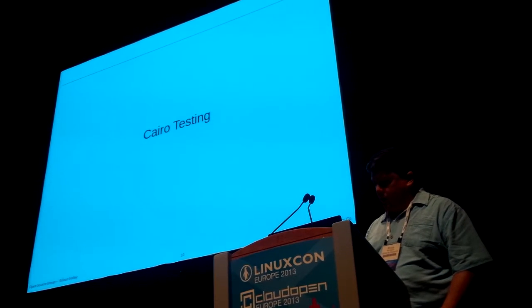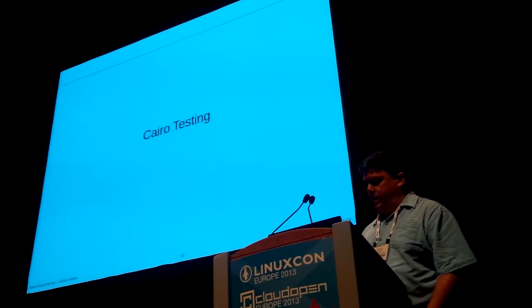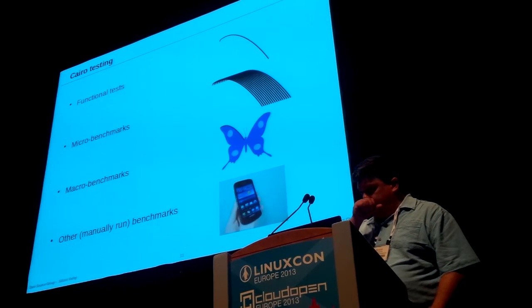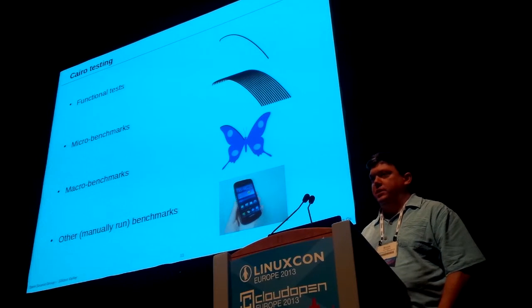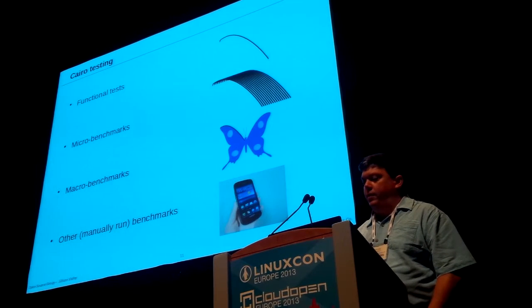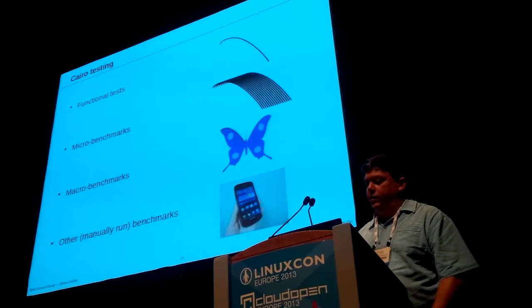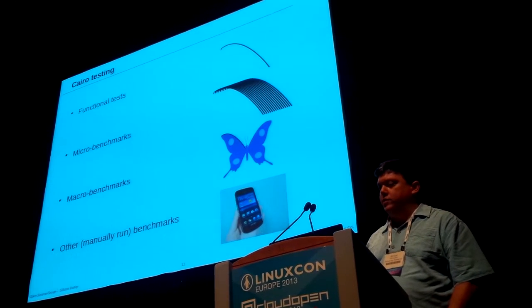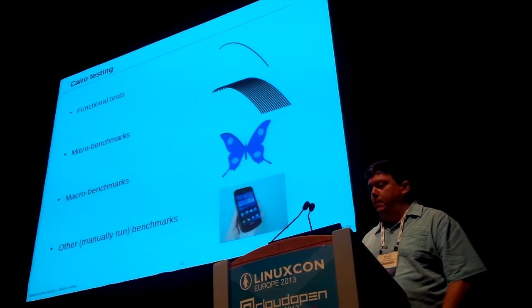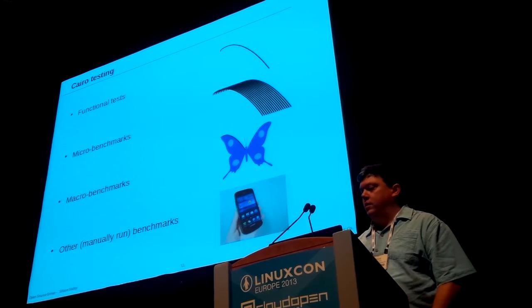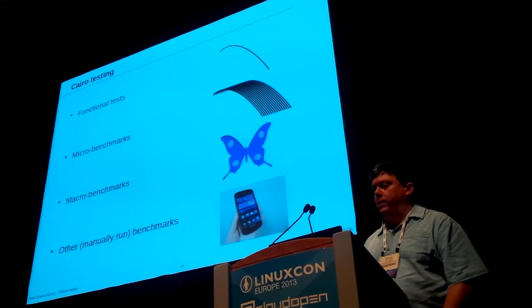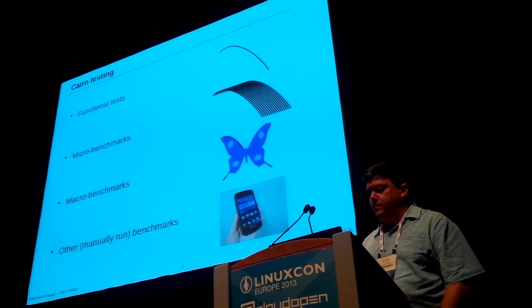Now, I want to talk a little bit about how testing is done in Cairo. There are 3 or 4 different types of testing that you can think about, or at least 3 that are implemented in Cairo. The first is functional tests. That's basically you're drawing a shape or a small primitive, and you want to make sure that it draws correctly.